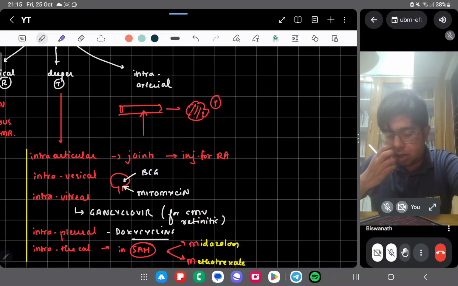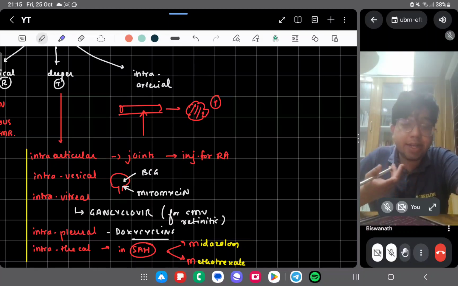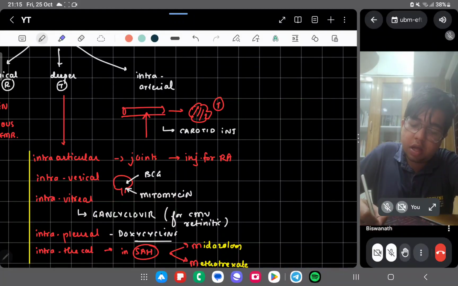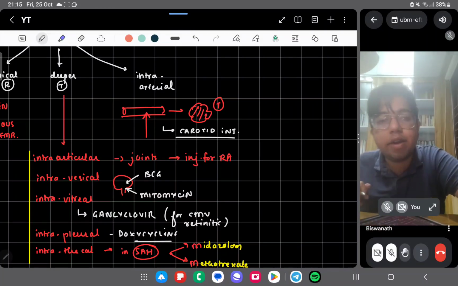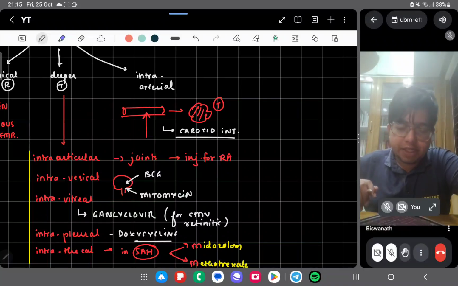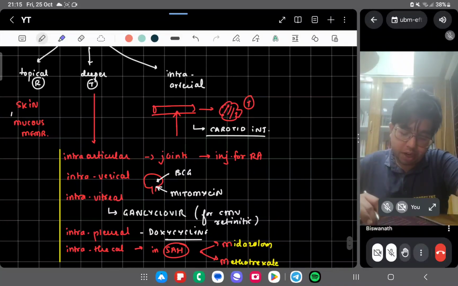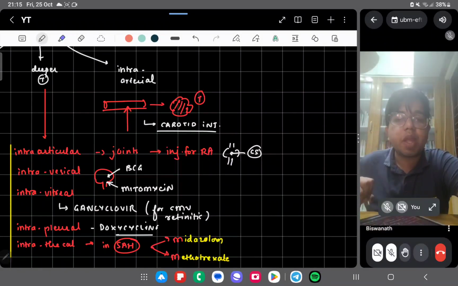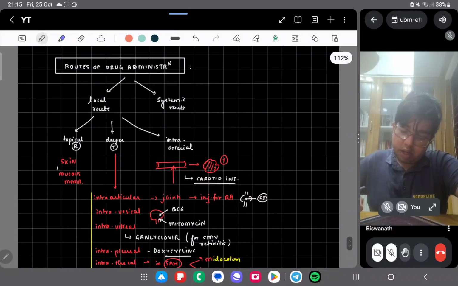Like in movies, you must have seen carotid injections, right? So that finishes our intra-articular. I told you, injection for rheumatoid arthritis or the corticosteroids, prednisone and all. Okay, that is done.